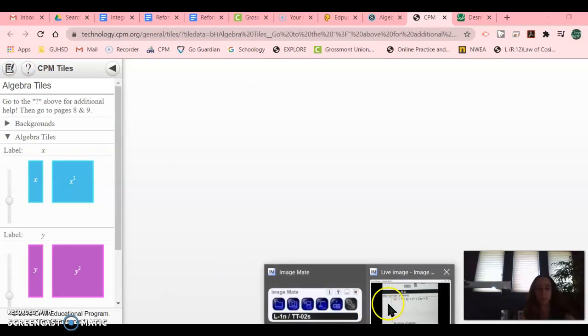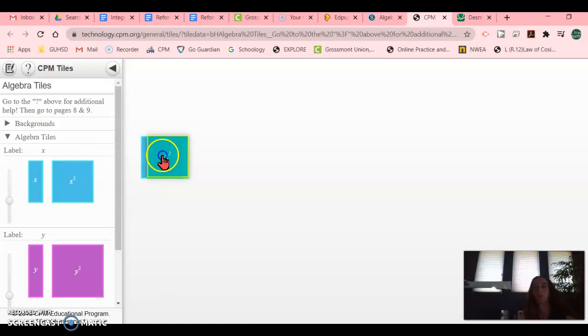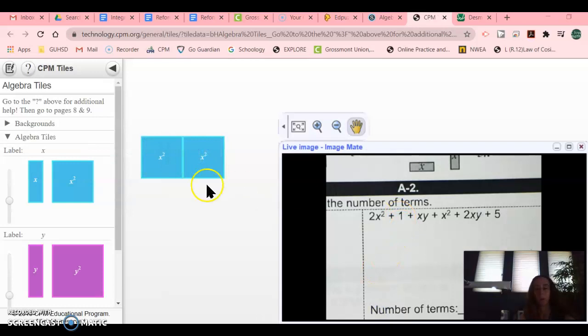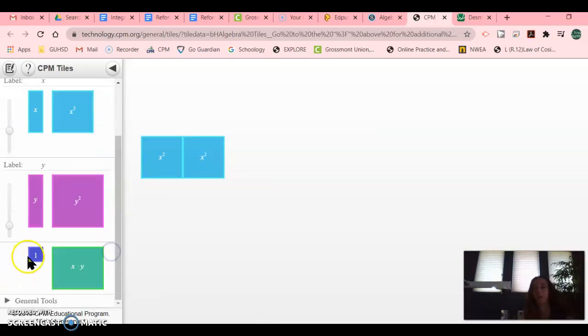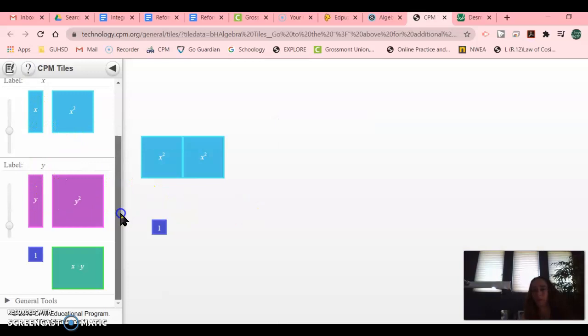Okay? So let's come back over here, and I have 2x squareds. 1, 2. I need you to be trying this too. I have a 1. And then I have an xy. So I don't take this, and I don't take that. I come up here. Let's see. There's the x and the y. There's an xy.